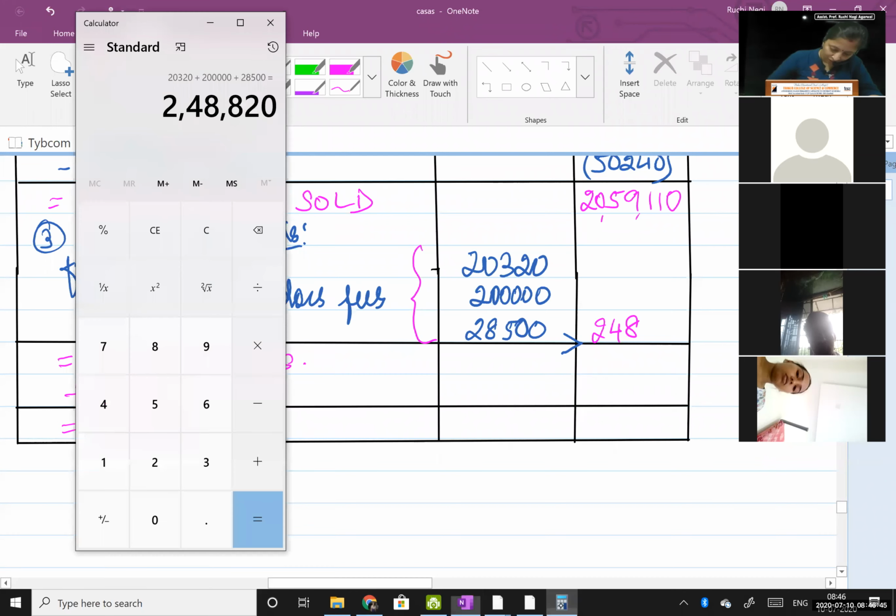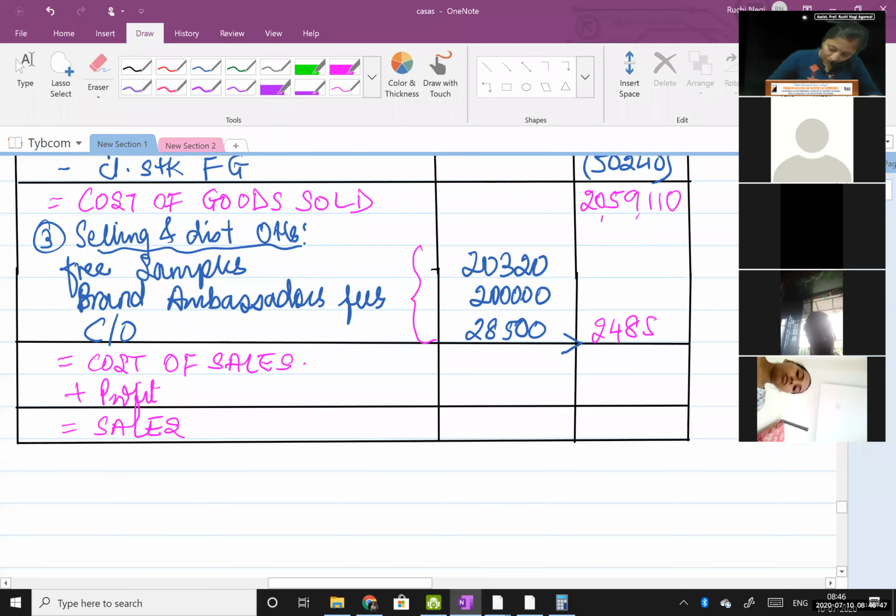Then total this, get cost of sales, profit, and sales you can calculate. So the remaining part you can do. Just try that.